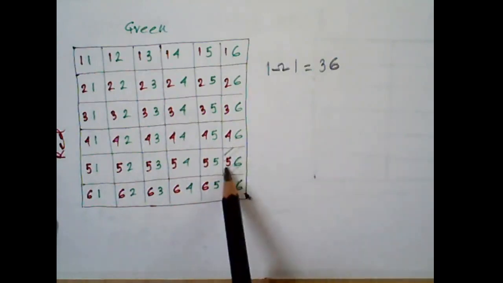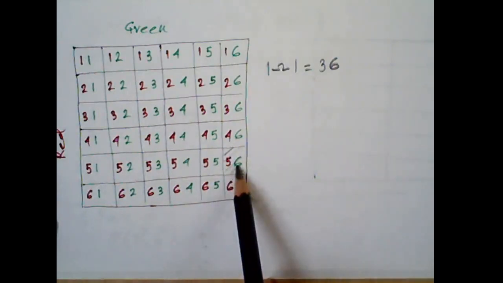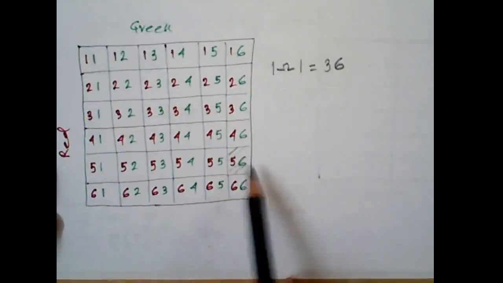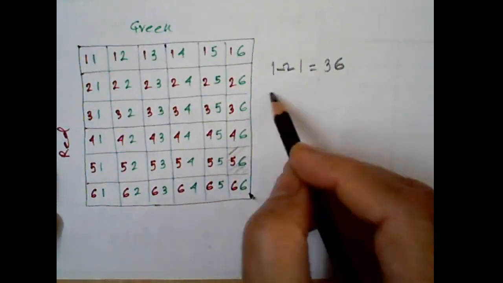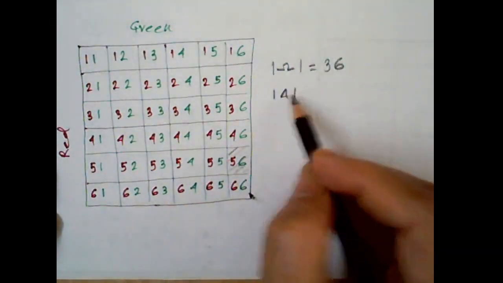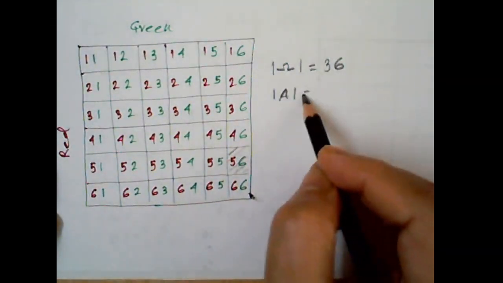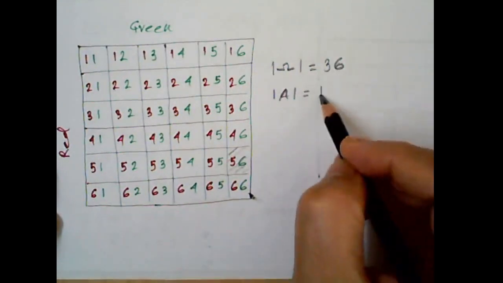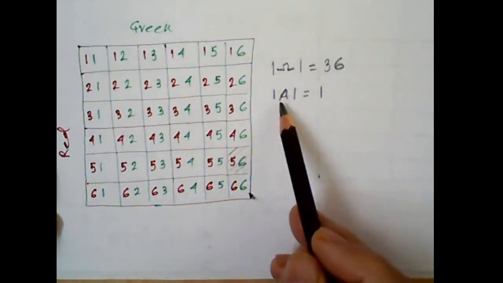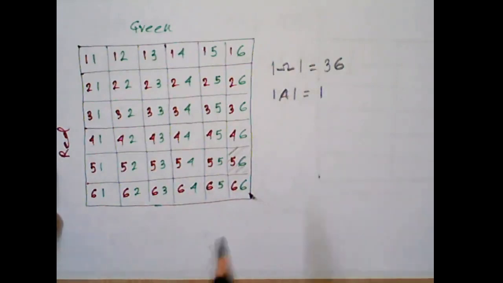How many possible outcomes are there where you can have 5 in the red die and 6 in the green die? There is only one. So here mod A is equal to 1, where A is defined as the event of getting 5 in the red die and 6 in the green die.